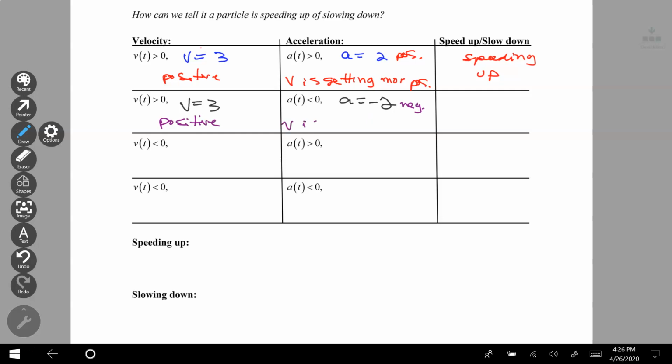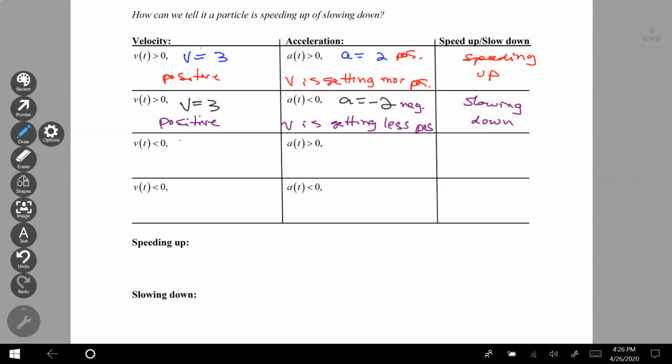That means my v is getting less positive. That means I'm slowing down. Yes, I have a positive velocity, but it's getting less and less positive all the time. I'm hitting the brakes. You hit the brakes on your car, you're still going forward, but your speed is slowing down. It's less and less positive.